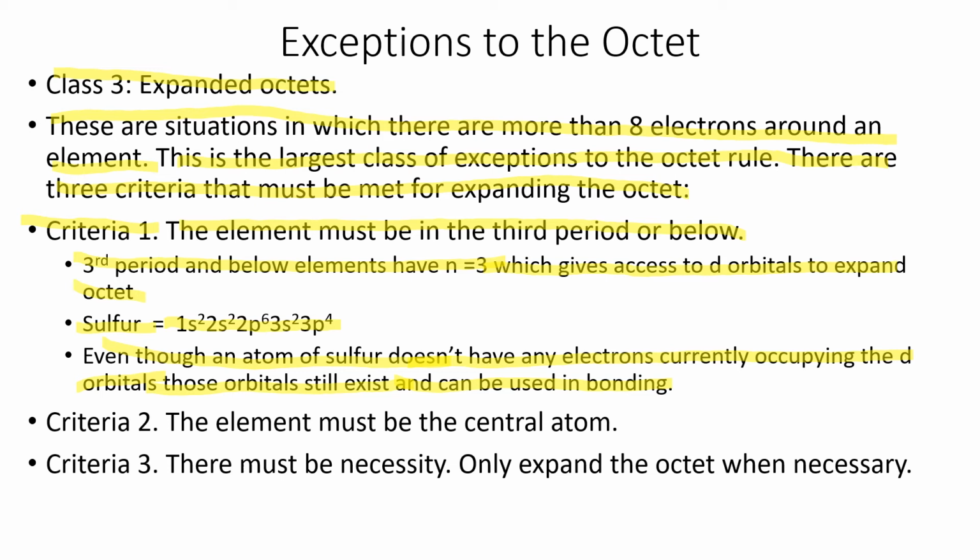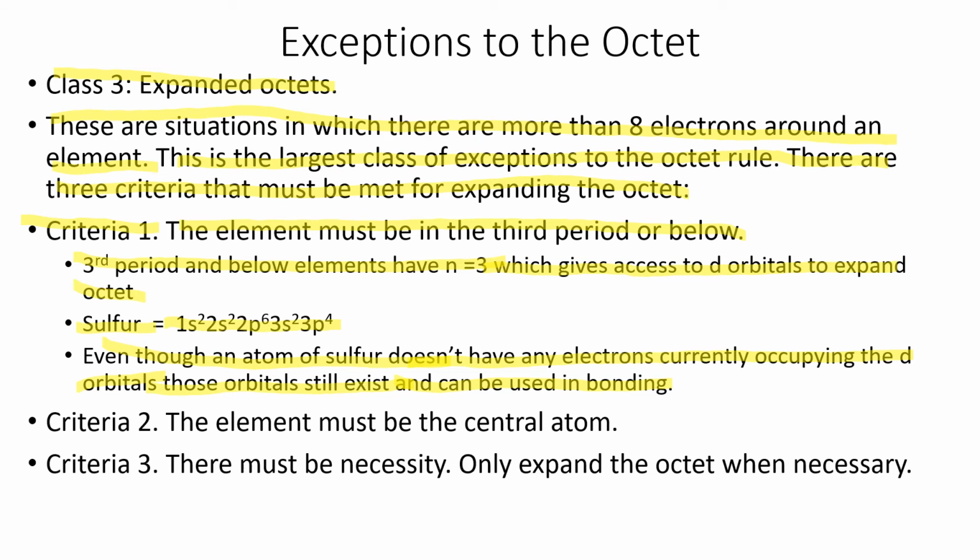Those d orbitals exist even though there are no electrons in them. Your car still exists out on the street, out on your driveway, wherever you parked it, even though you're not currently in it. Same thing with the d orbitals. They exist even if an electron's not in there for the atom by itself. So that's why the third period and below rule kicks in.